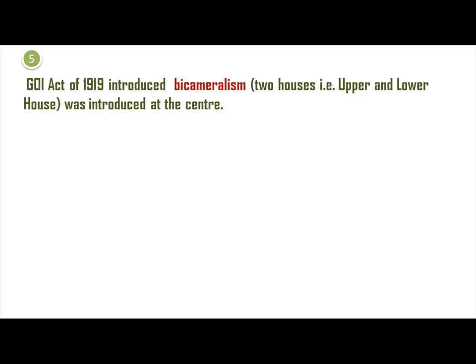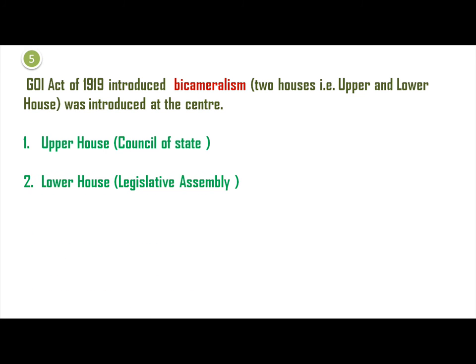At that time we called them the upper house and the lower house. The upper house was called the Council of State. The lower house was called the Legislative Assembly. Today we also have an upper house and a lower house. The upper house is called Rajya Sabha and the lower house is called Lok Sabha.